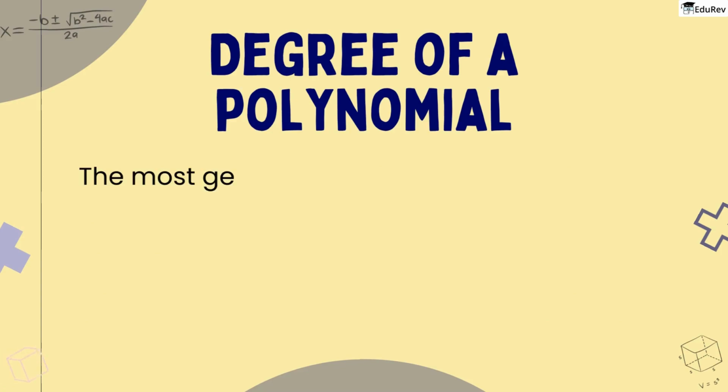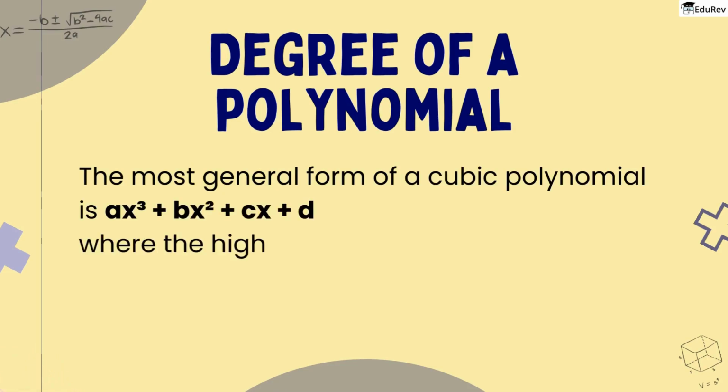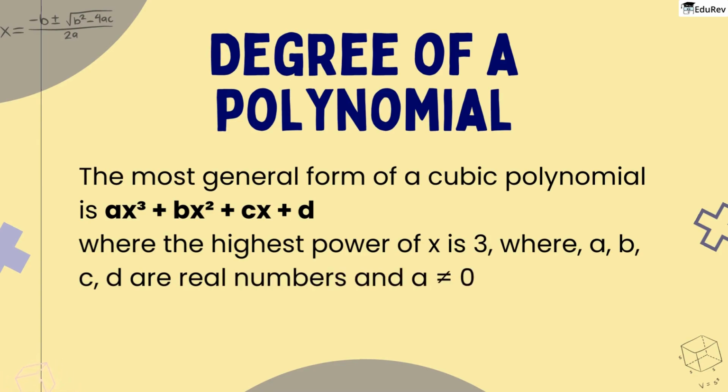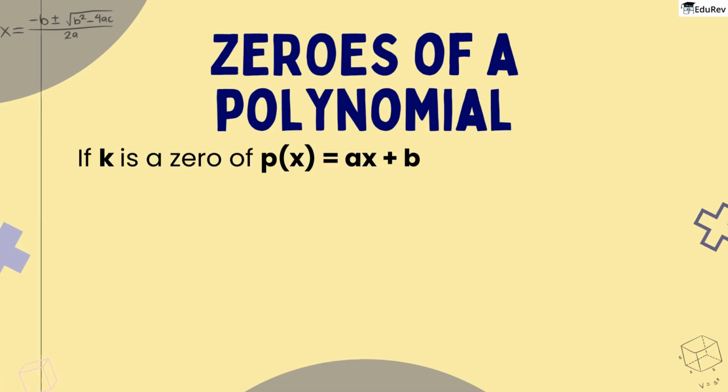The most general form of a cubic polynomial is ax cube plus bx square plus cx plus d, where the highest power of x is 3, where a, b, c, d are real numbers and a is not equal to 0.